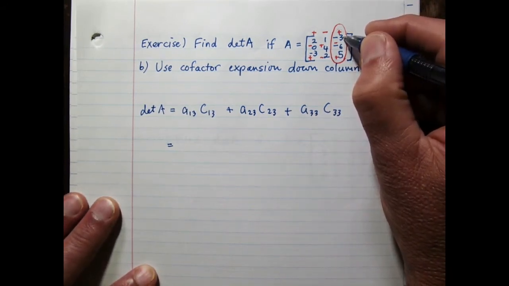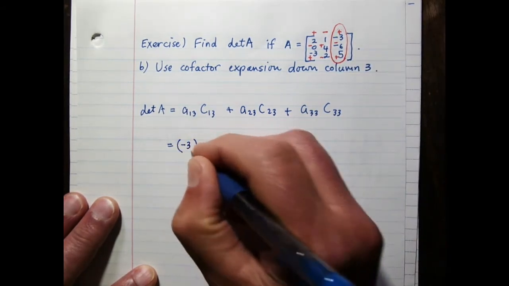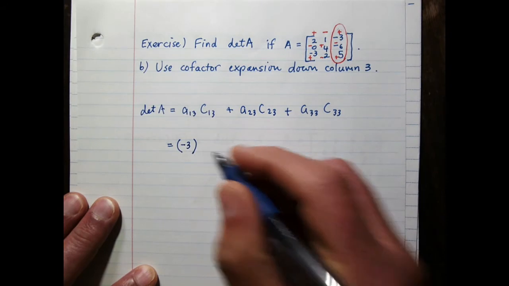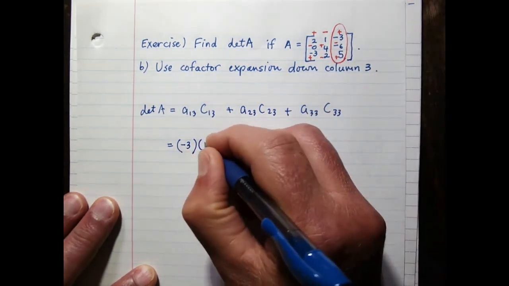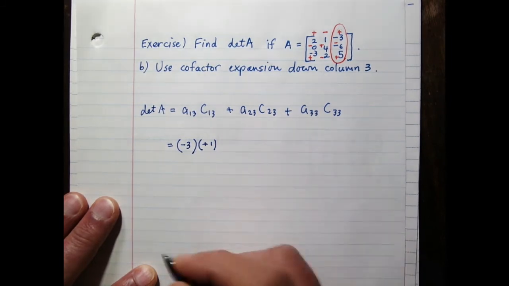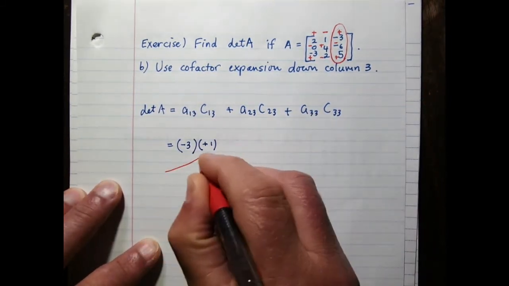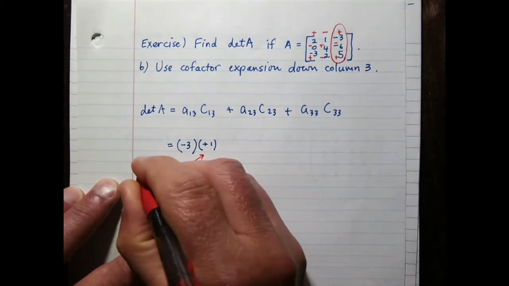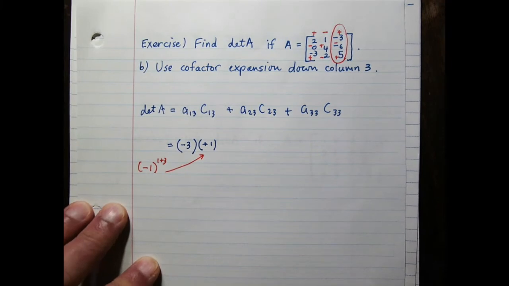So now let's go ahead and do the calculation. I'm going to take the entry negative 3, the first position of that third column. I'm going to take negative 1 to a power, but that plus sign is telling me that I'm going to end up multiplying by plus 1. Where did that plus 1 come from? That's negative 1 to the 1 plus 3, but you don't have to write out all that detail.